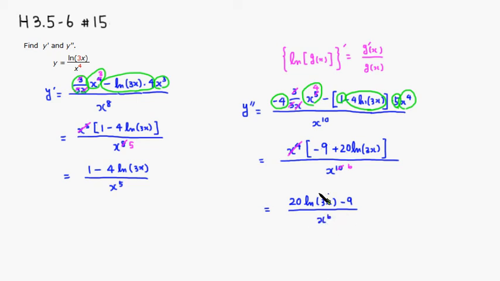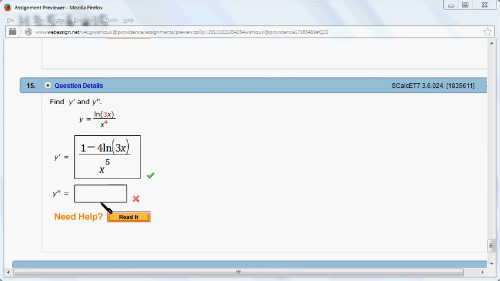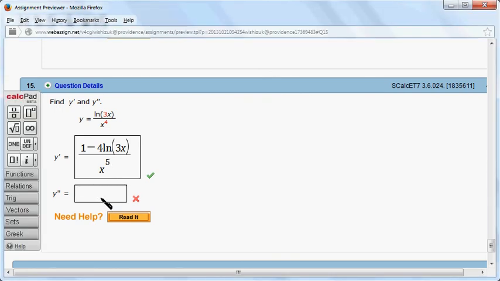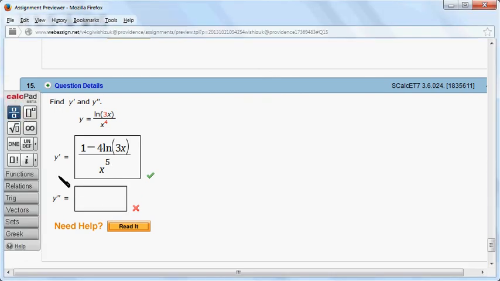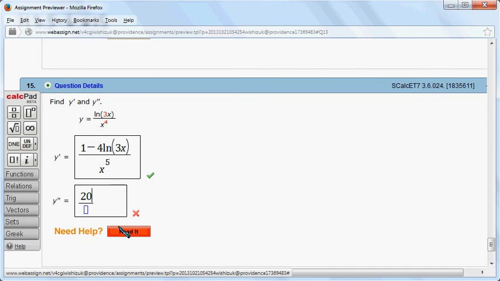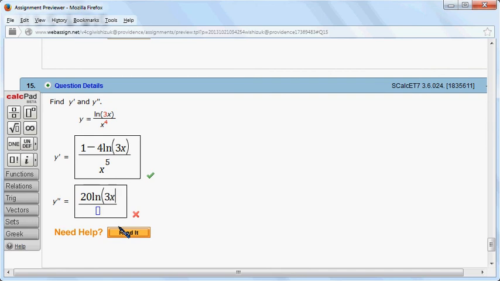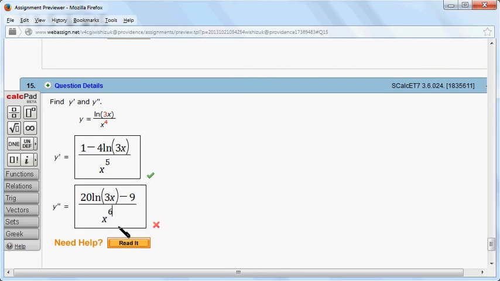Let's type this in. What we had was a big fraction, so click on that, and 20 natural log of 3x, and subtract 9 over x to the 6th power.